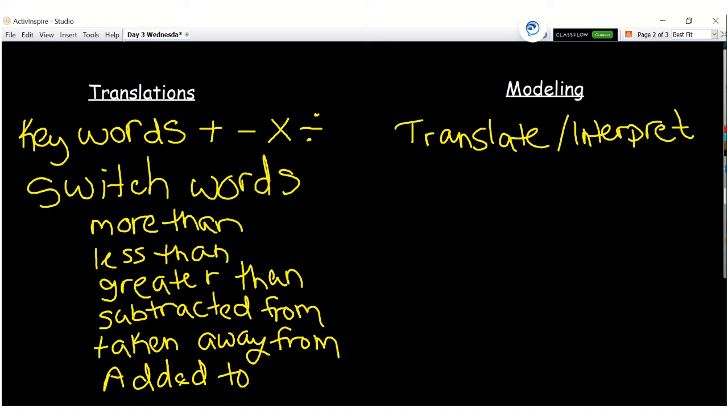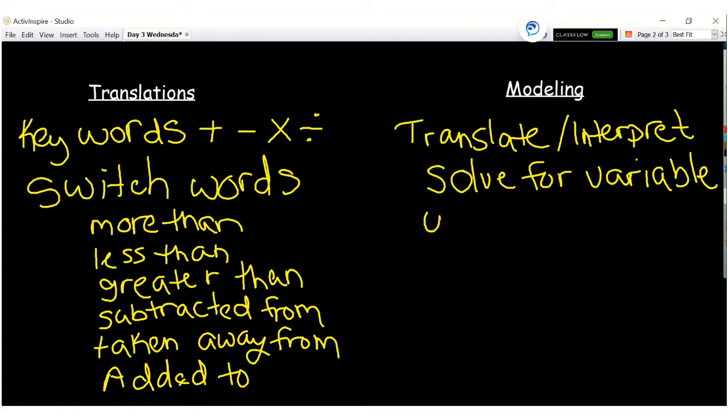And then after you translate or interpret it, you're going to have to solve the problem. Solve for the variable. One thing I should have put directly underneath the translate part is that it's super important that you use the key that's provided to understand what everything represents.